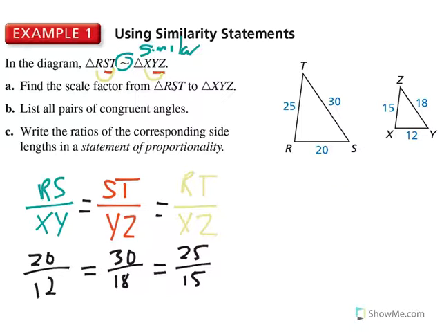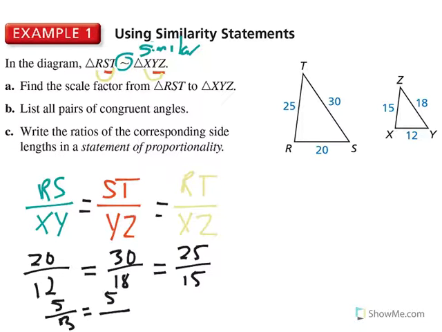So now I just want to reduce these. 20 over 12, if I reduce both the top and the bottom, I can see both of them have factors of 4 in them. Then I would reduce the top down to 5 and the bottom down to 3. Sorry, I almost put 4. I was thinking 4. And the next one, 30 over 18, those both reduce by 6.